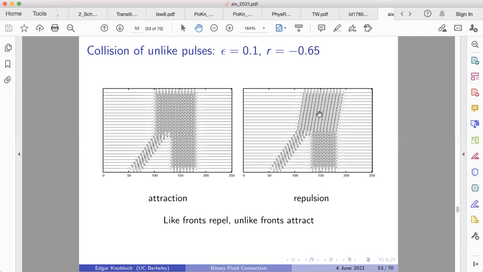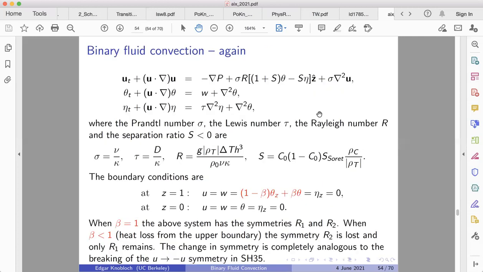Now, of course, we can do that in the binary fluid mixture also by breaking that midplane reflection symmetry. And the way we do that is by allowing heat to leak out from, for example, the top boundary at z = 1. So this parameter beta comes from linearizing Newton's law of cooling, and it will quantify how much heat is allowed to leak through the upper boundary of the system.